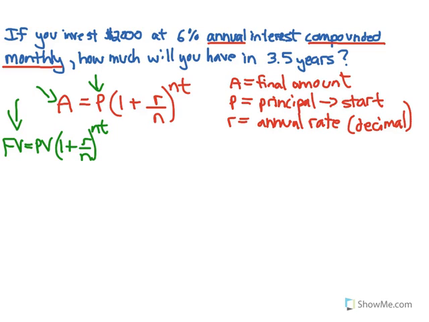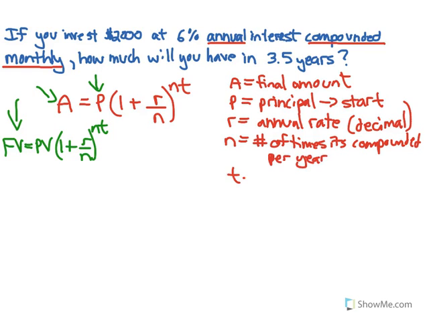You just move the decimal to the left twice. N equals the number of times it's compounded per year. So this may seem a little confusing, but this N and T and R are going to help us sort of navigate through the question when we have words like annual and monthly. So N is the number of times it's compounded per year, and then T equals number of years.